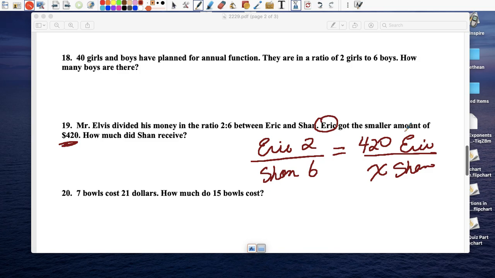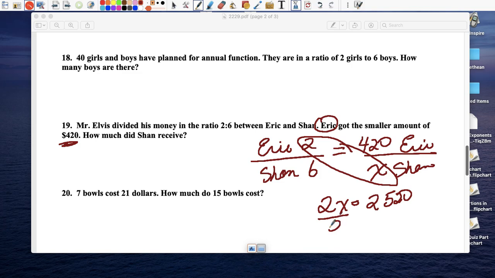You can cross multiply, or you can find the relationship. So let's cross multiply. 2 times x is 2x. 420 times 6 is 2,520. And divide by 2. Divide by 2. X equals 1,260. So when Eric got $420, Sean received $1,260.